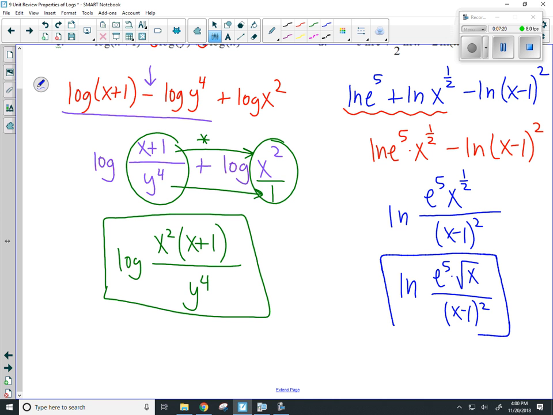That would work too. So either one, it's up to you. This one, remember e is a numerical value, so if you wanted to check this one by storing a value for x, go for it. Just make sure that when you see the e that you actually use the e button on your calculator to check it.